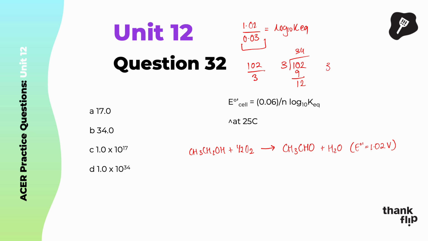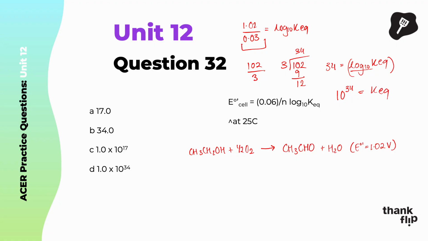So then I have 34 is equal to log base 10 multiplied by KEQ. Then I would have to take the inverse log of both sides in order to get KEQ. Because it's log 10, I know that taking the inverse will just get me to 10 to the power of 34 is equal to, and then if I inverse log this, then it would be KEQ.